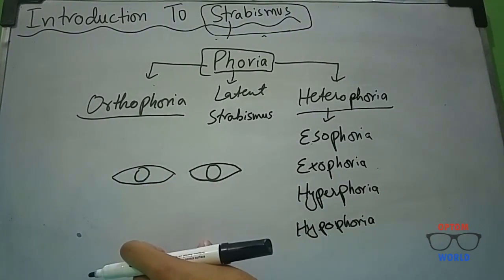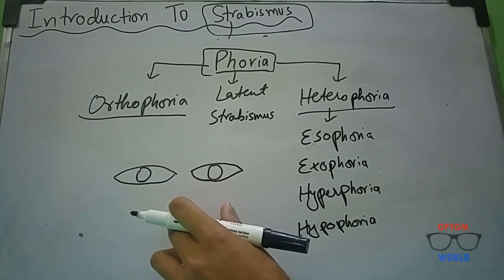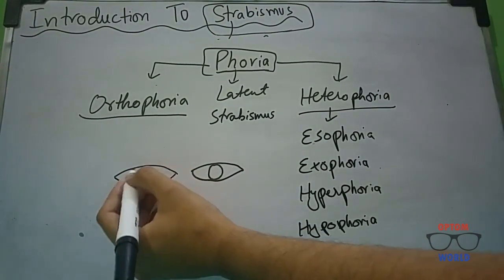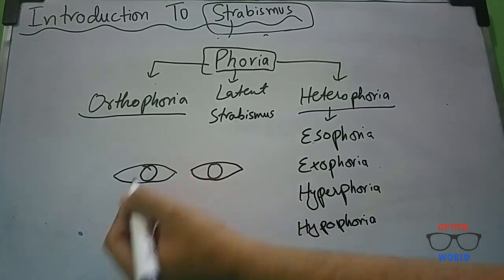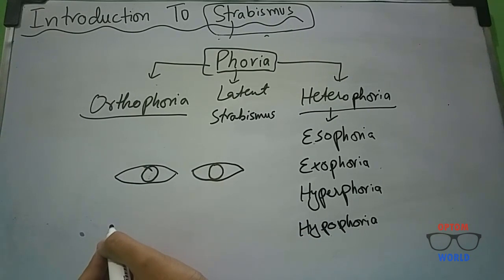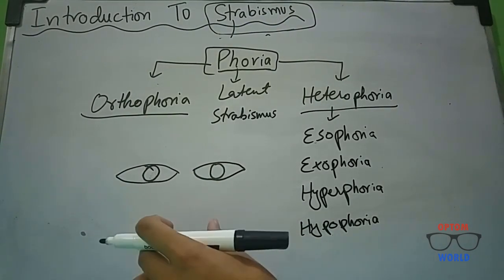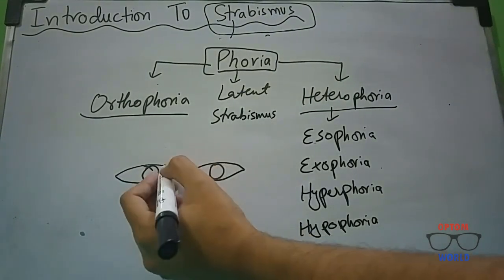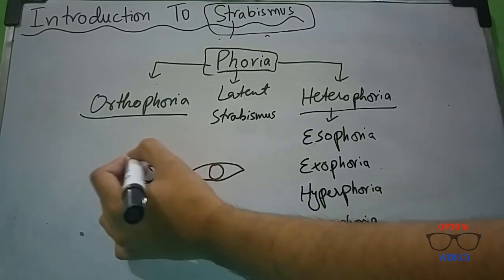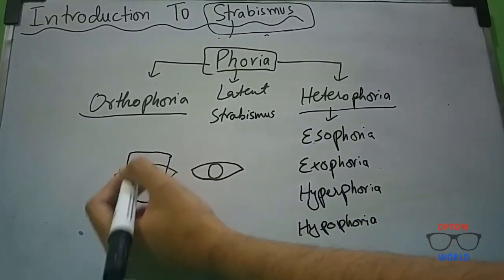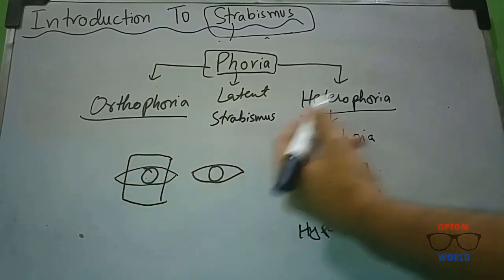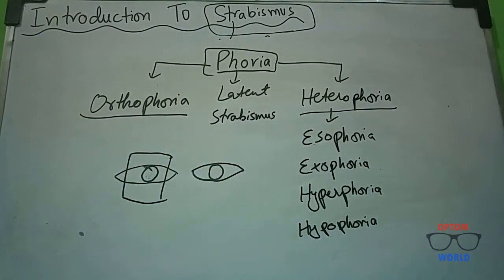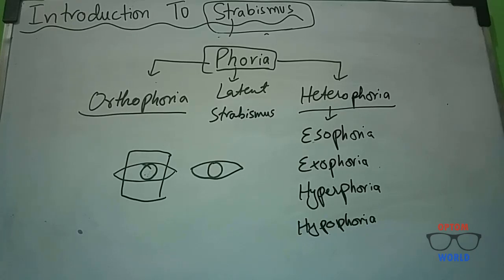But when you see with both eyes, then due to the fusion reflex, your eye looks straight, it looks normal. But when you block the fusion or you put a cover in front of one eye, then the eye under the cover will deviate. This is known as heterophoria, the ability of the eye to deviate when fusion is blocked.